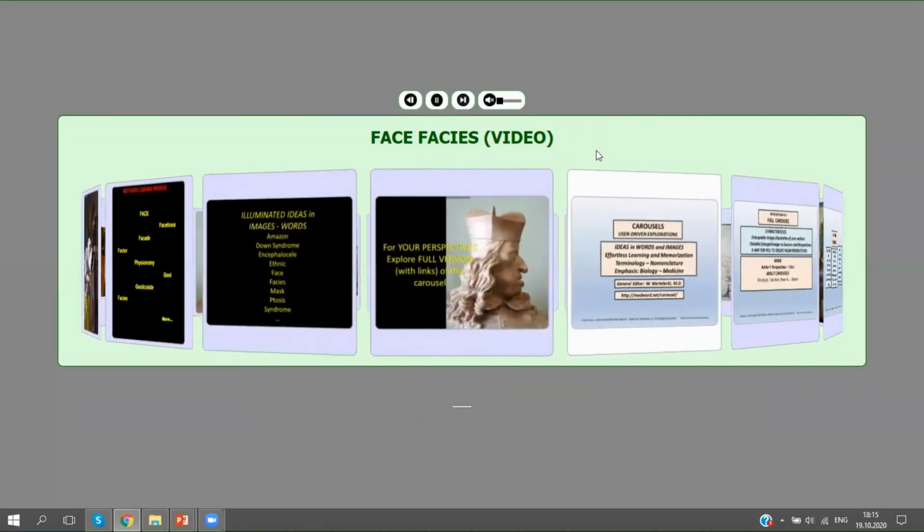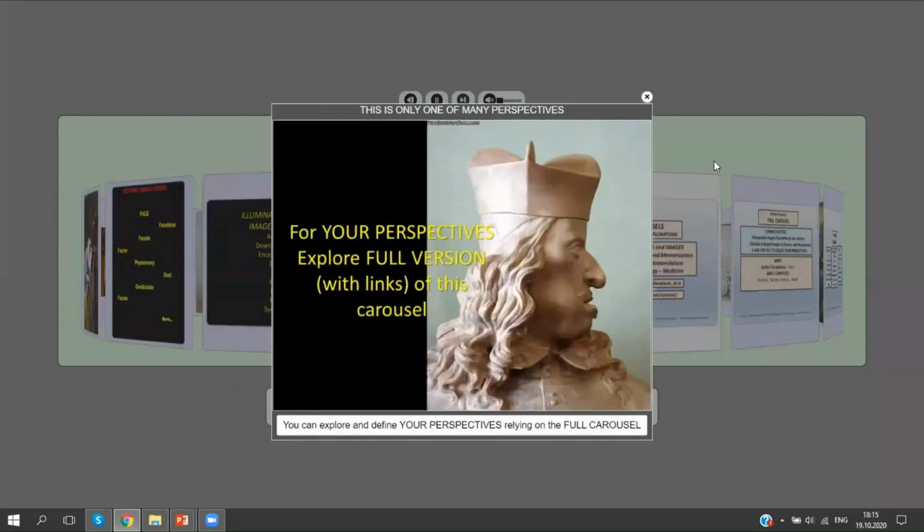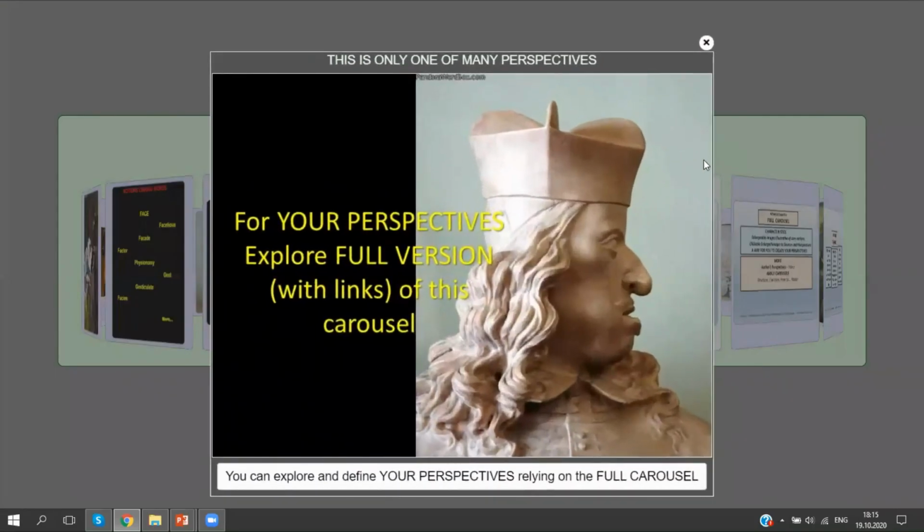So what's next? Let's click. Next then is you can explore your way. By going to a full version, you can explore the links that these images lead to. There are very, very many, and each of you will end up exploring this particular subject in your own personal ways. And until then, accept my best wishes and thank you for your attention.